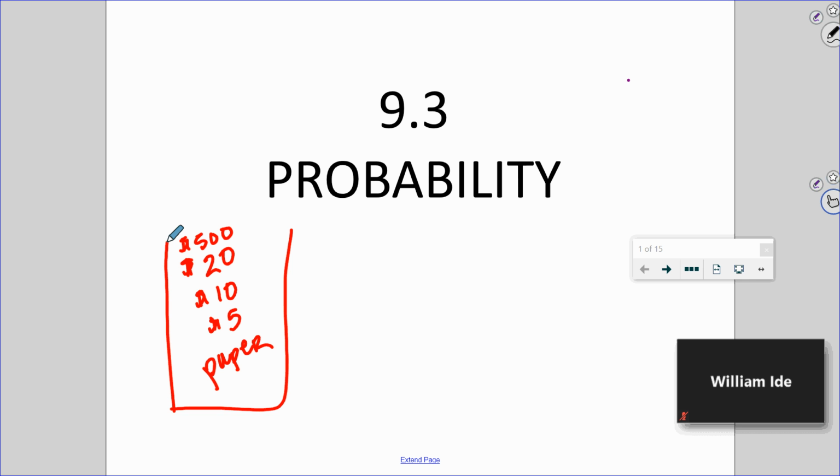What would be the probability that you get the $500? You would say, okay, there is only one $500 bill out of 4 bills. So you would only have a 1 in 4 chance of getting that $500, right?